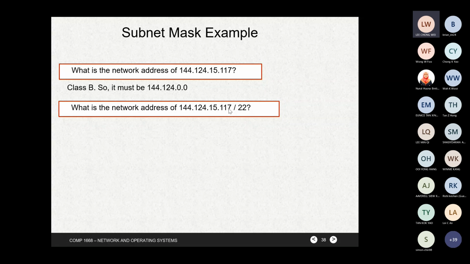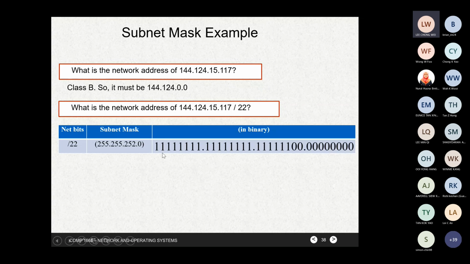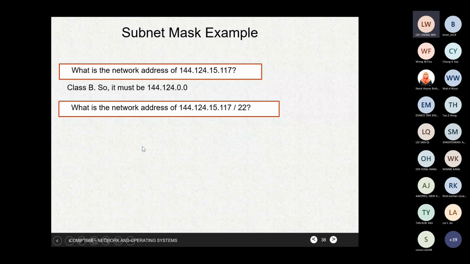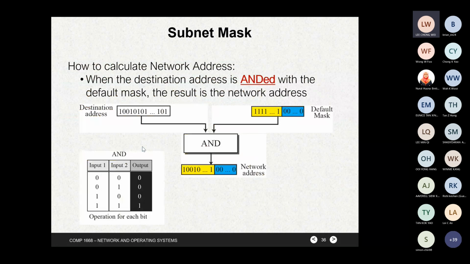If you check, for example, slash 22, they're asking you about slash 22 because here you can go a maximum of 24 bits. Slash 22 is 255.255.252.0. Sometimes you have to know that. After some time, you will become familiar with all this.